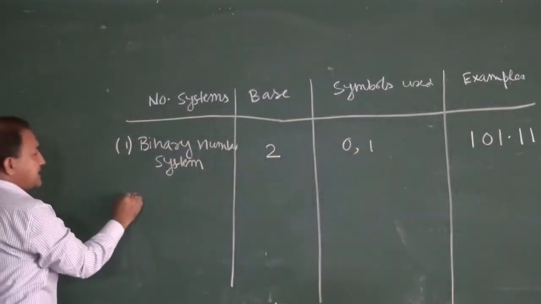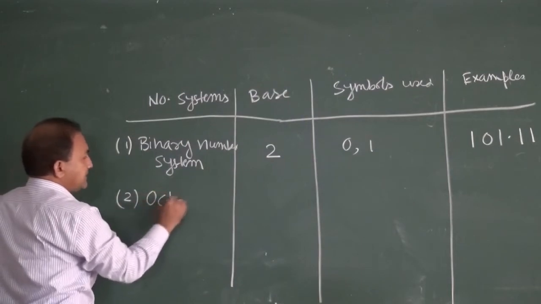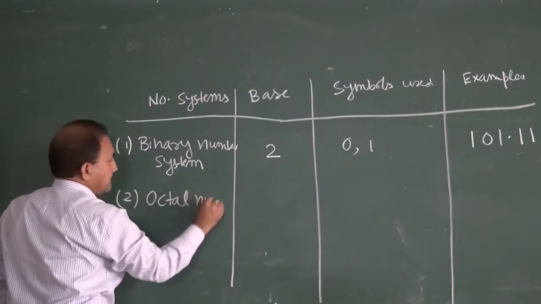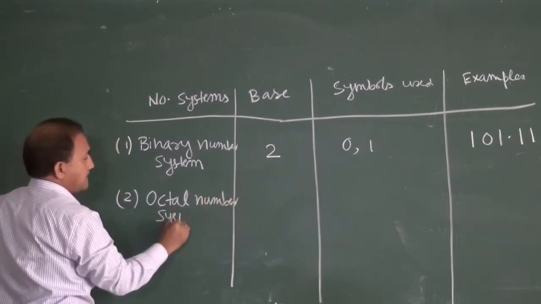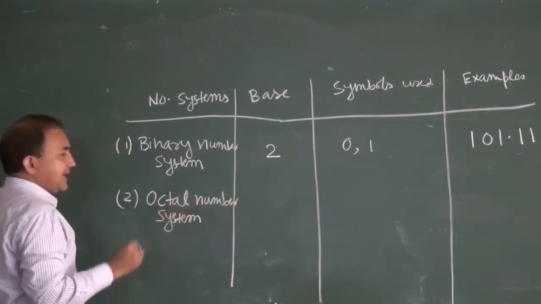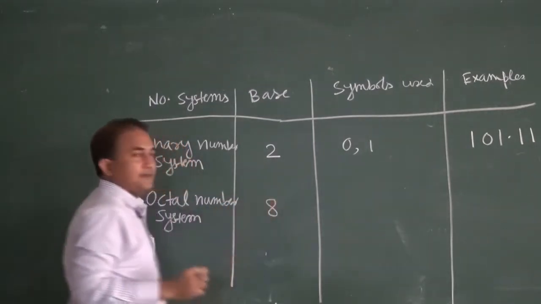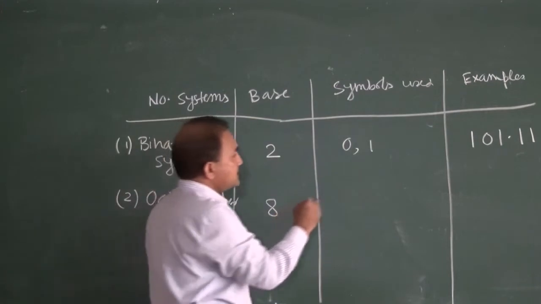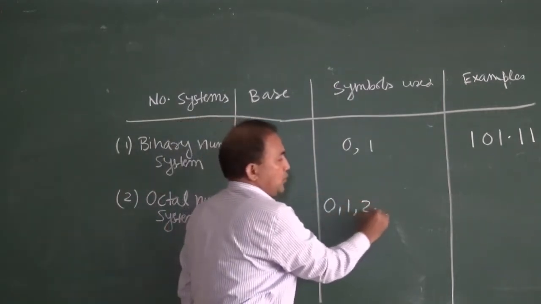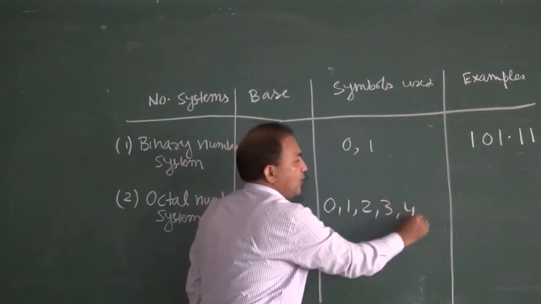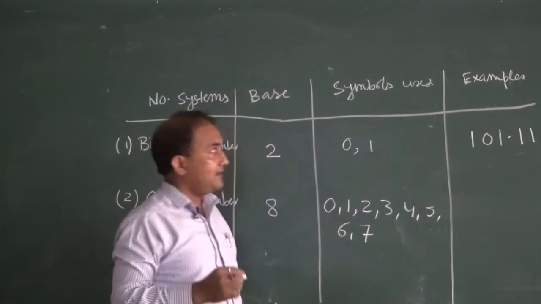The second number system is octal number system. In octal number system, base is 8 and the symbols used are 0, 1, 2, 3, 4, 5, 6 and 7.